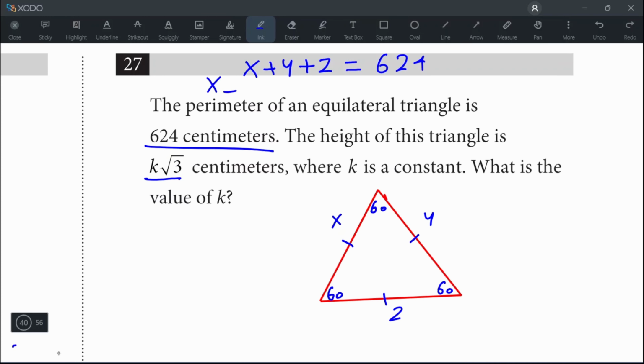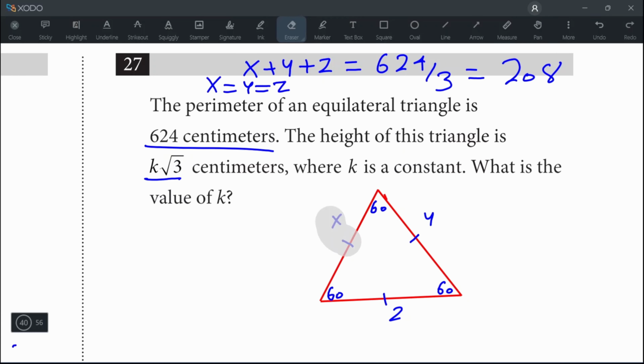And x is equal to y and y is equal to z, because all of these sides are equal to each other. So to find the value of each of these sides, all you have to do is divide 624, which is the perimeter, by 3. So 624 divided by 3 is equal to 208.